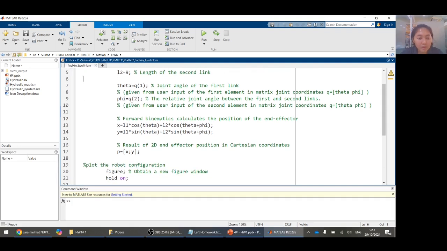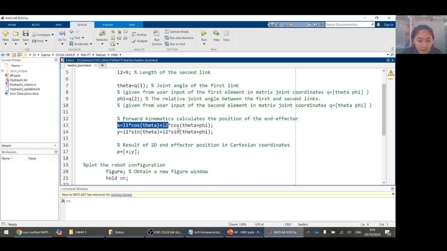And then the declaration of theta and phi. These are read from the matrix Q. This theta is for the first element of Q, the joint angle of the first link, and this is given from the user input. And then phi is equal to the second element of matrix Q. This is also given from the user input.